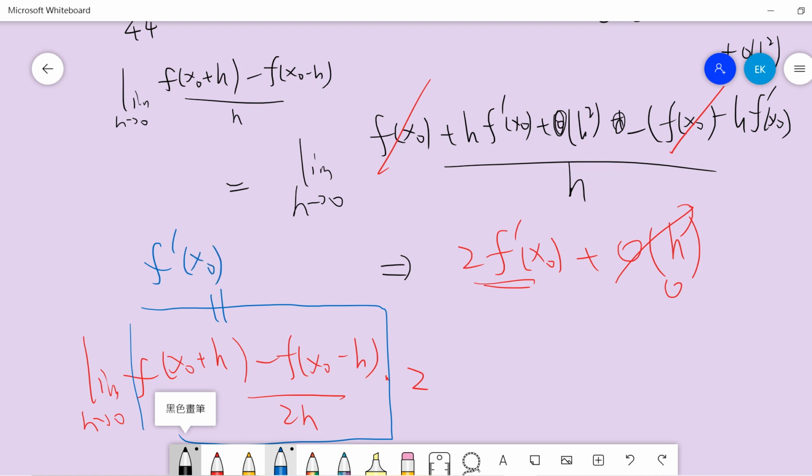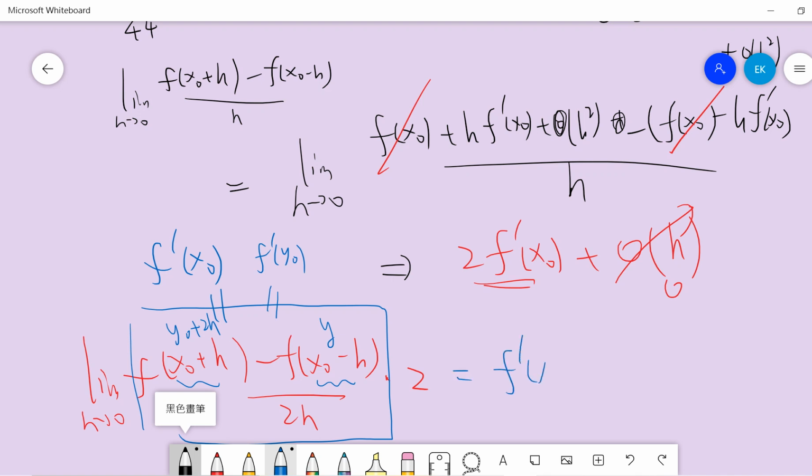Because you can let this be y, and then this is y plus 2h. So this is basically f prime of y0, but y0 is x0 minus h. So when h equals 0, f prime of y0 basically is f prime of x0.